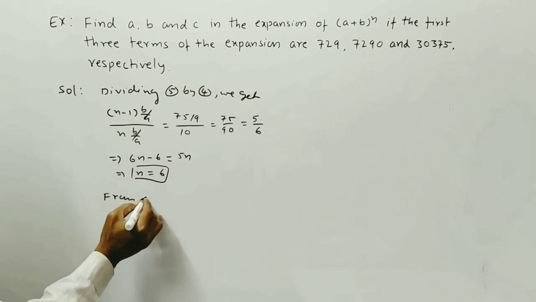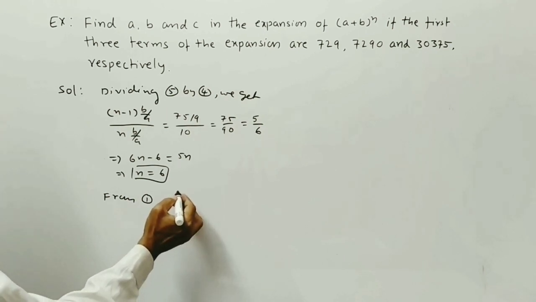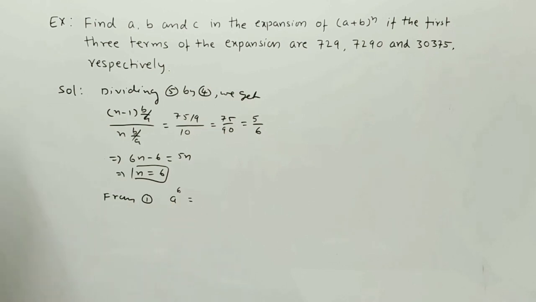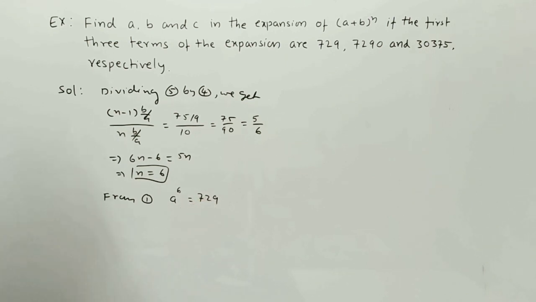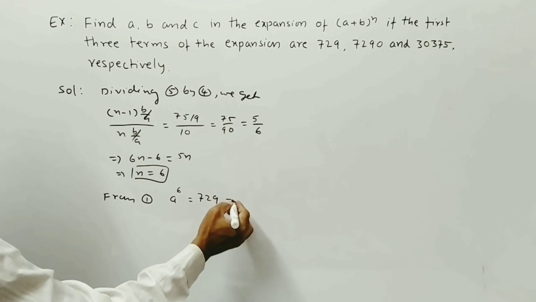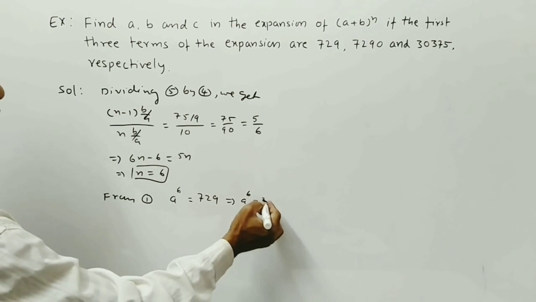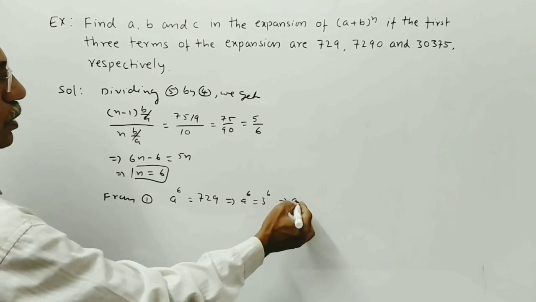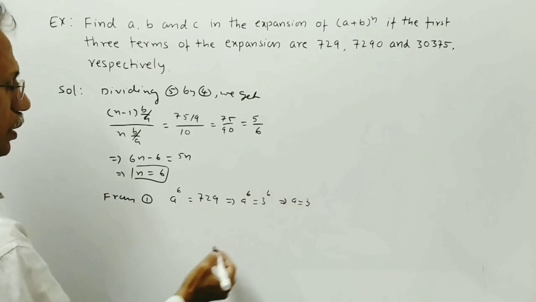From 1, A raised to the power 6 is equal to 729. This implies A raised to the power 6 is equal to 3 raised to the power 6, implies A is equal to 3.